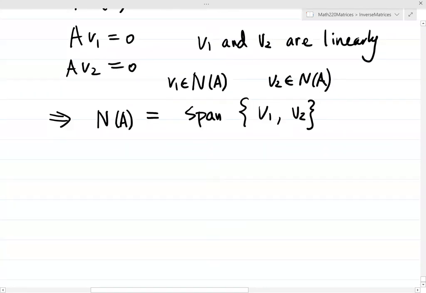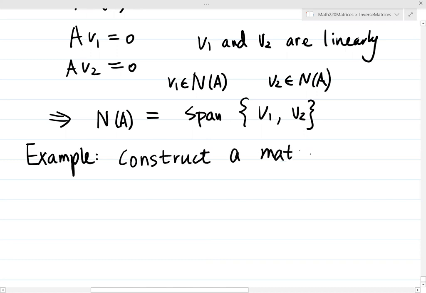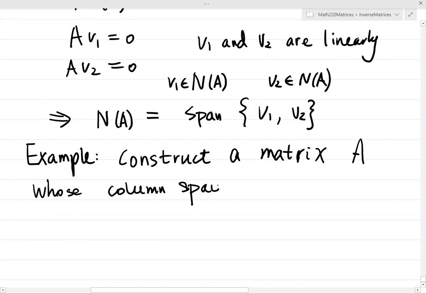Okay, more examples. Construct a matrix A whose column space contains V1, which is 1, 1, 5.